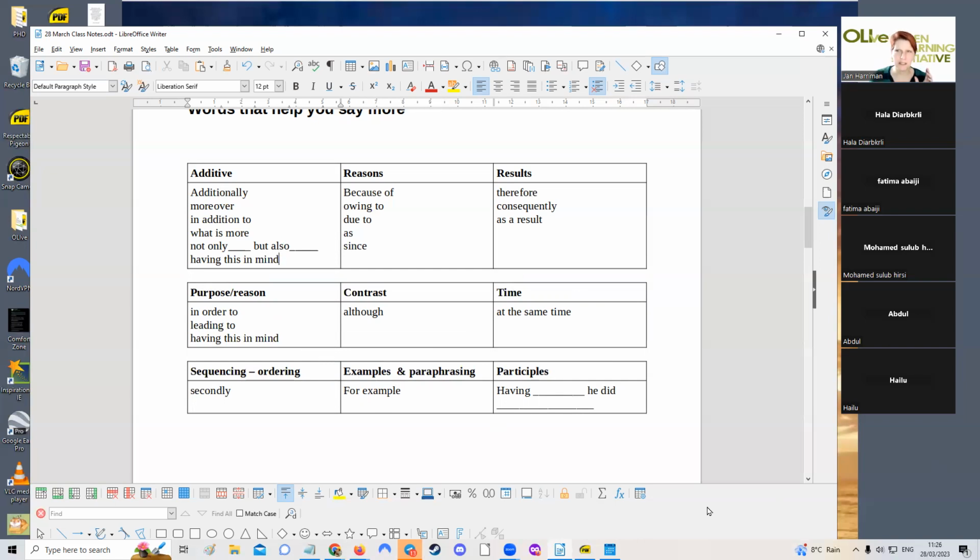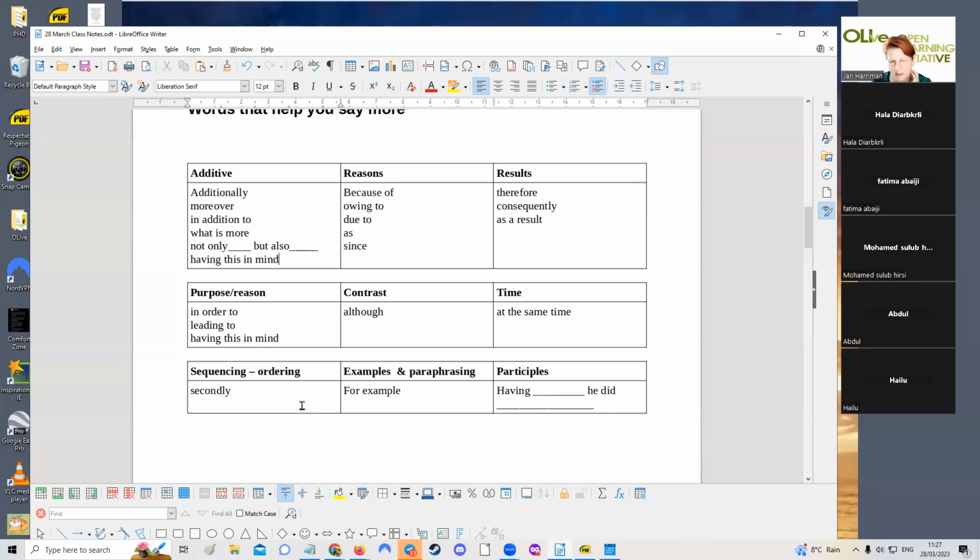So it's additional information. I think it could be used for both purposes. So sometimes when my clothes are too old, having this in mind, I go to buy new ones for myself to meet the purpose.